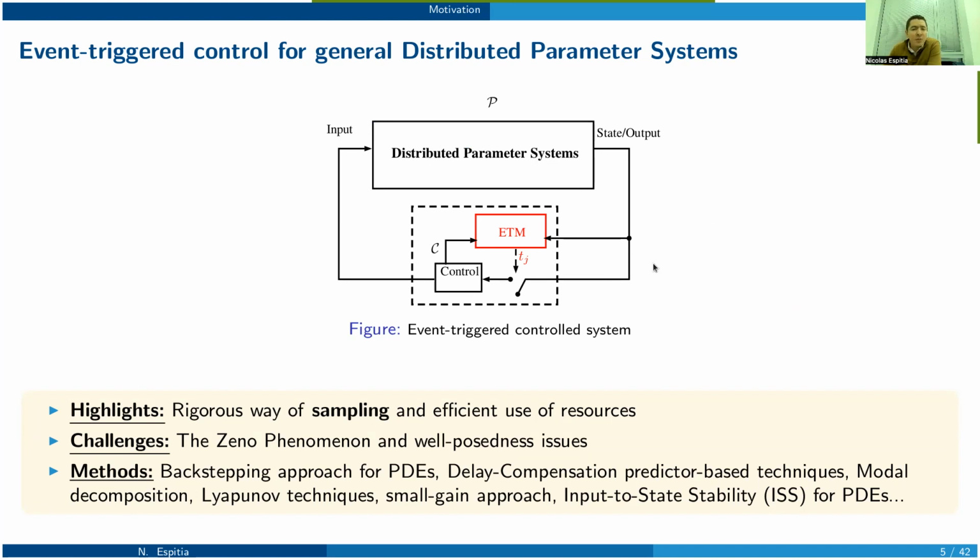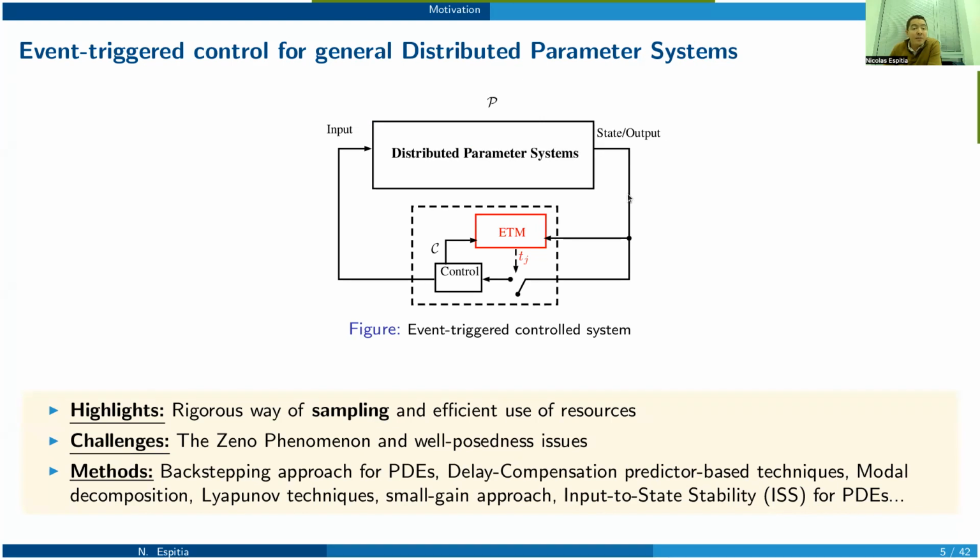Whatever the infinite dimensional system you want to deal with, let's say parabolic, hyperbolic, couplings, time delay systems, even triggering can really play a crucial role.